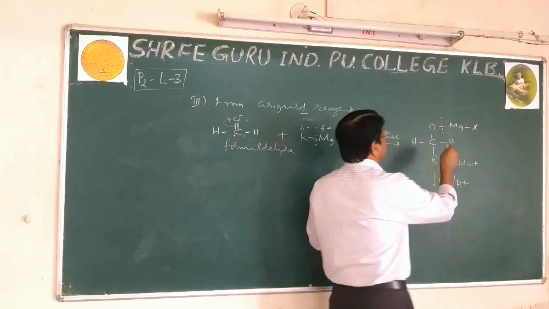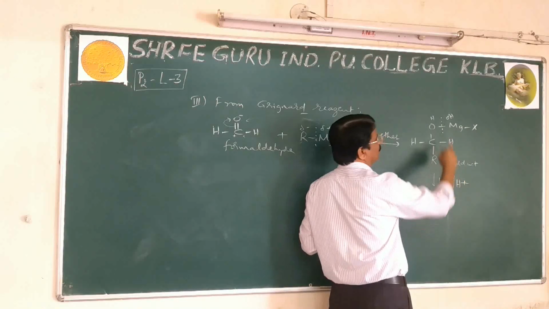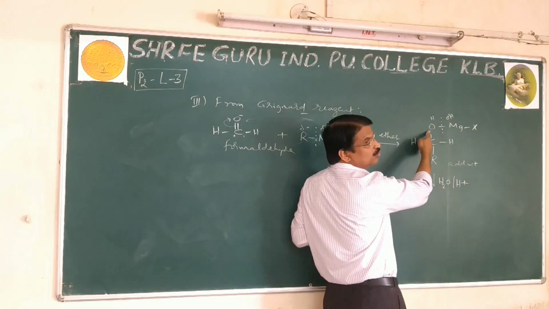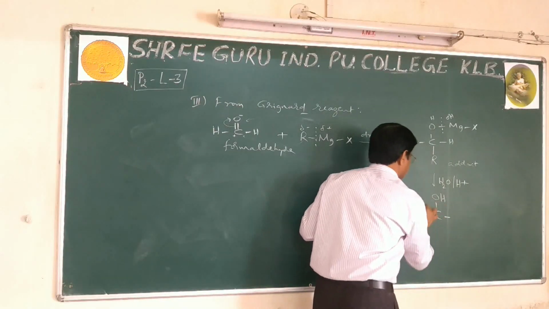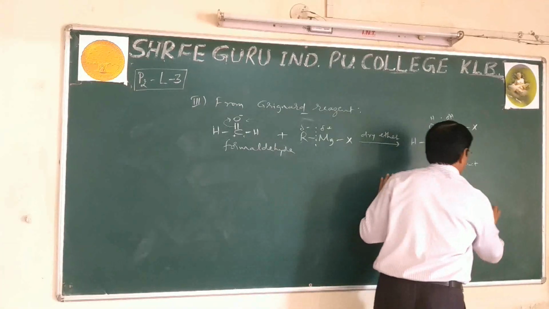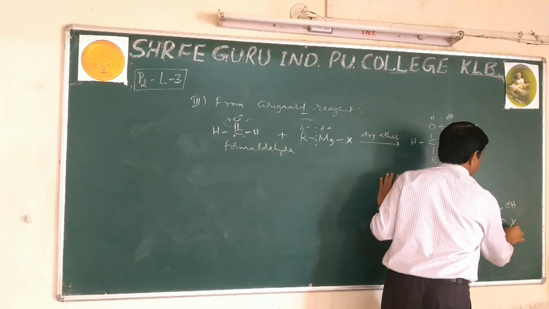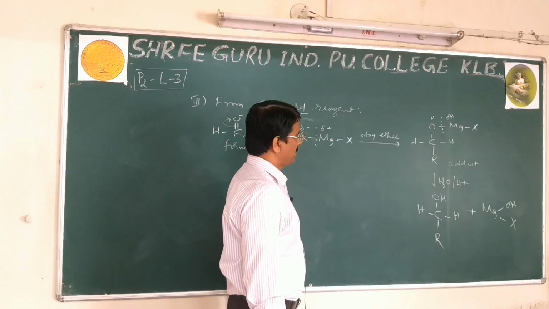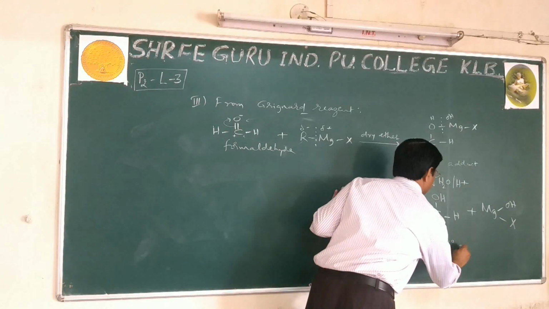Then HOH: OH negative goes to Mg, H positive goes to O. Therefore, we get finally the product. Now it is said to be a primary alcohol.